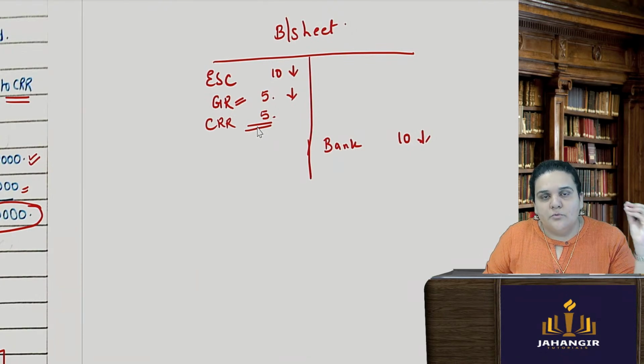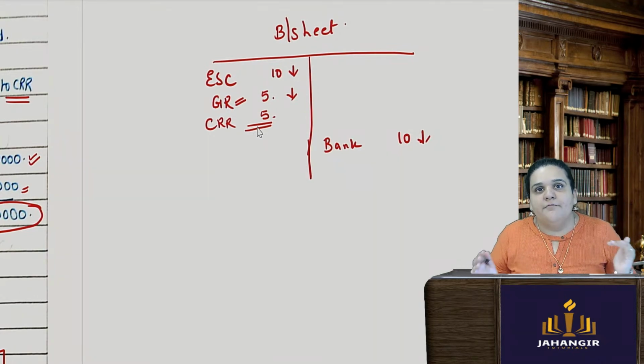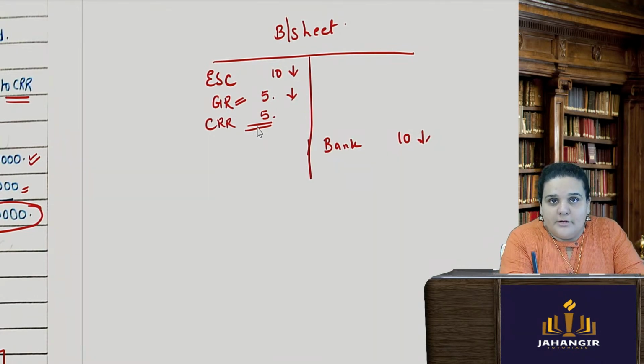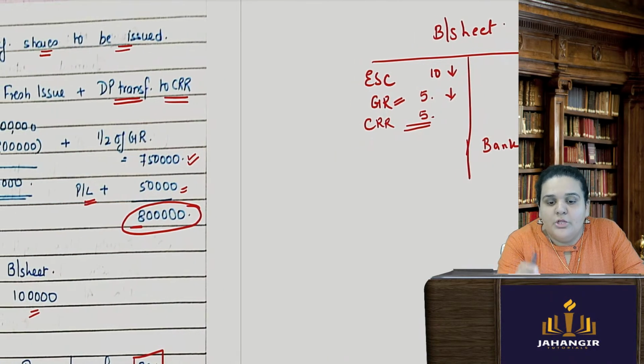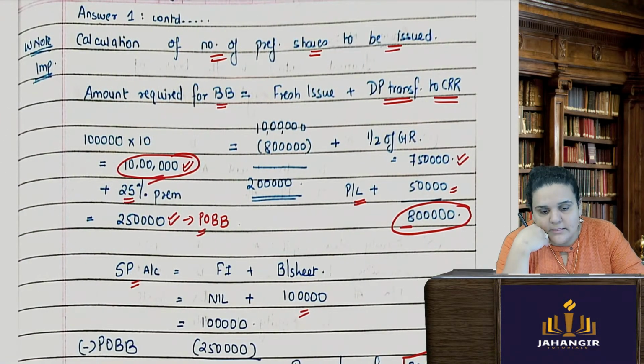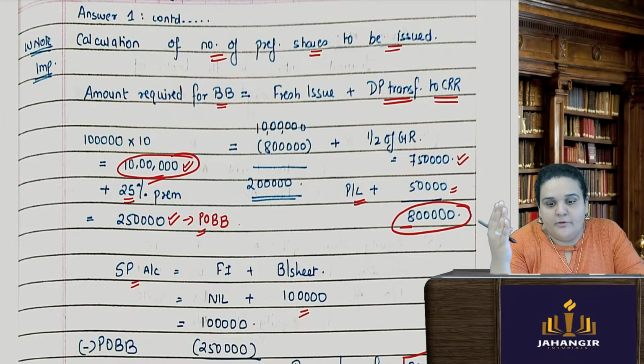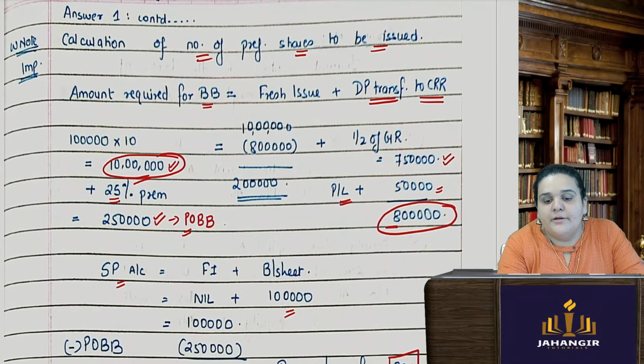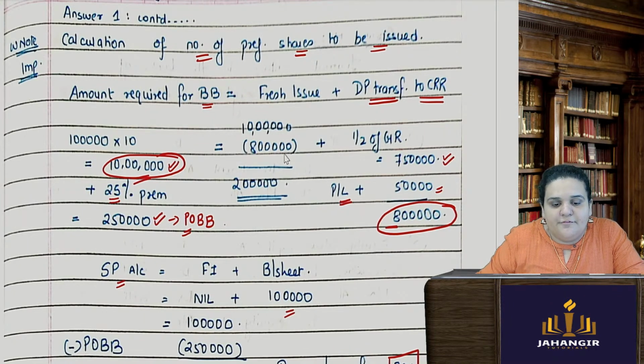It is just created for the purpose of accounting treatment and to tally the balance sheet, only if you are doing your buyback with the help of reserves. So you will compare the nominal value of the buyback with the amount you are using from reserves. 10 lakhs was the nominal value, and 8 lakhs I am going to use from the reserves. Subtract that, and that will be the fresh issue.